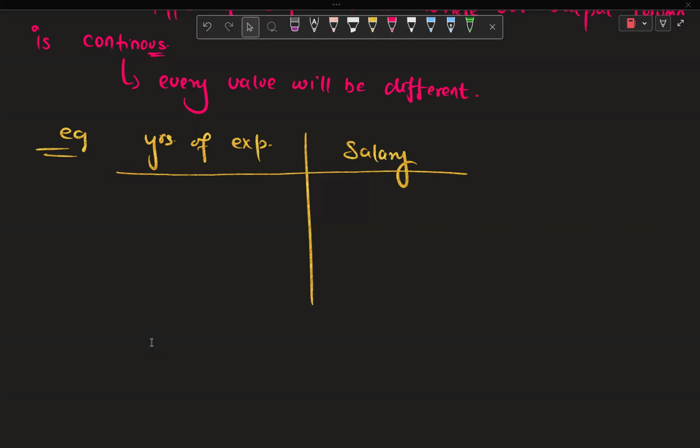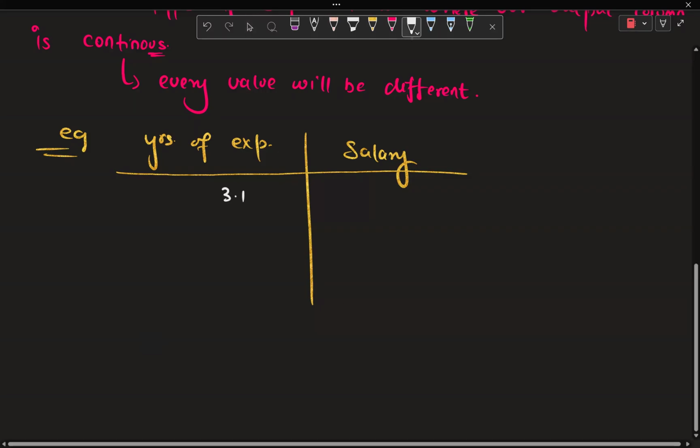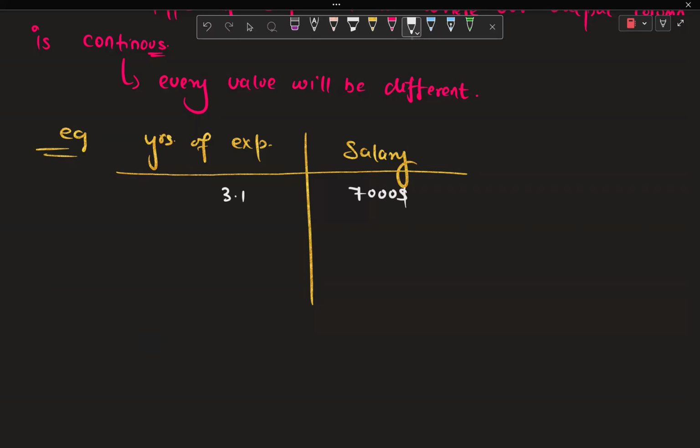So this is year-wise salary, right? Say 3.1 years experience, the salary is $70,000. Then 2.5, you have 41.